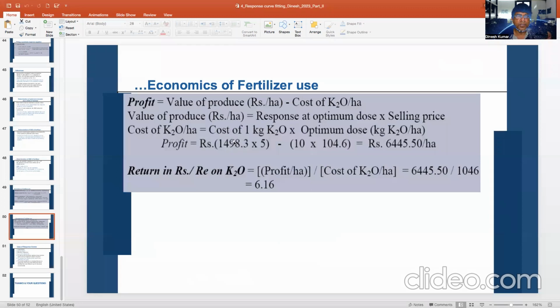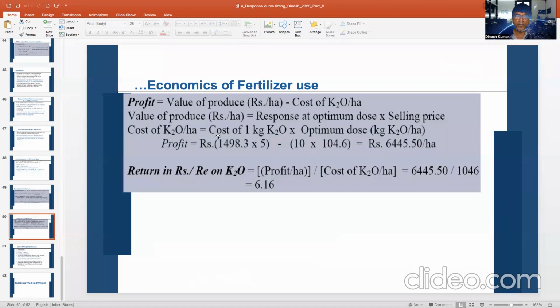This was the response, and rate is rupees 5 a kg. So this is your return minus 10, where 10 is the price of 1 kg of K2O, into 104. So you get this much per hectare of return because of application of optimum dose of fertilizer. I repeat it again. Profit is equal to value of produce minus cost of K2O. Value of produce rupees per hectare is equal to response at optimum dose, 1498, into selling price, rupees 5 for rice.